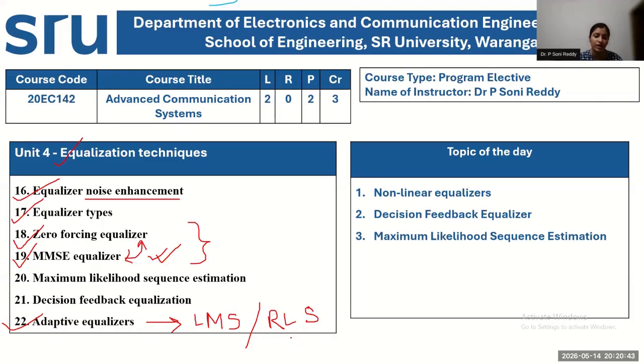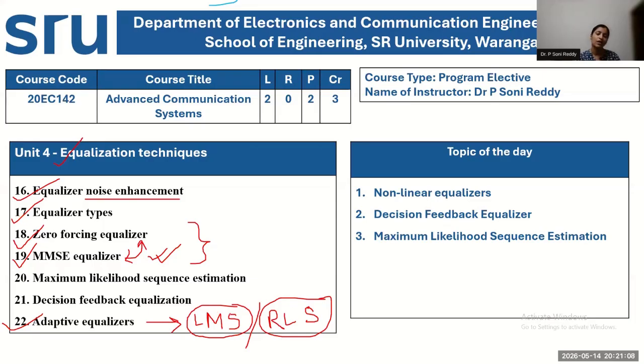Recursive means it is always calculating again and again based on all the previous data, or all the previous error values. So all previous error values are studied in RLS. That is why this is more advantageous for a fast changing channel, and LMS is doing precise calculation, so it is used for a slow changing channel.